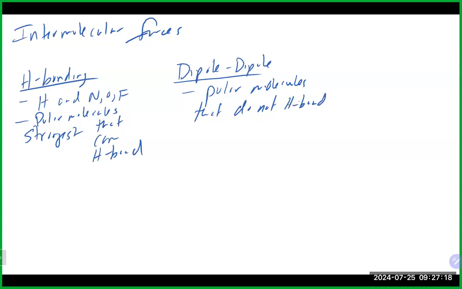So if you had something like this, it would be polar. It would use dipole-dipole as its main interaction. And the weakest of all those are dispersion forces.